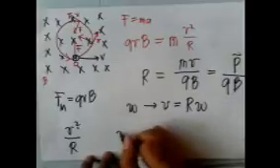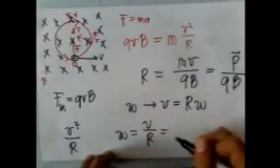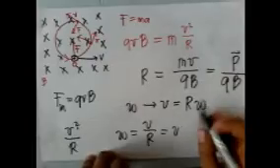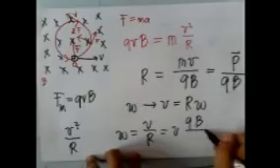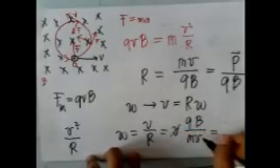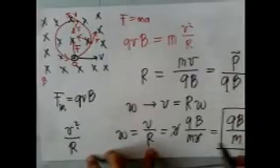So we can denote angular speed ω as v over r, or equal to v times qB over mv. So we could cancel the v. We have qB over m. So this is the angular speed of the particle.